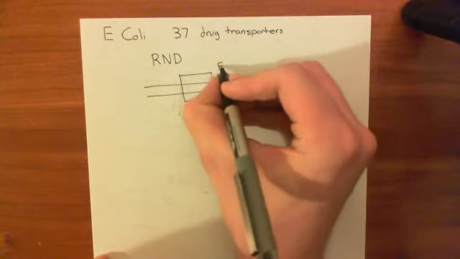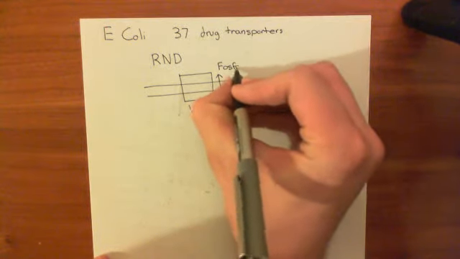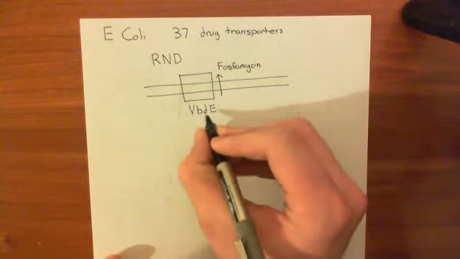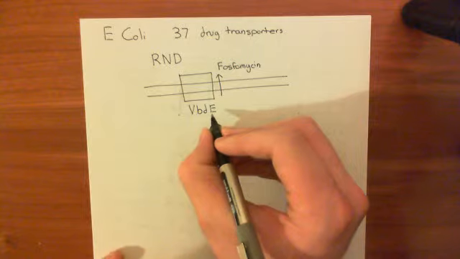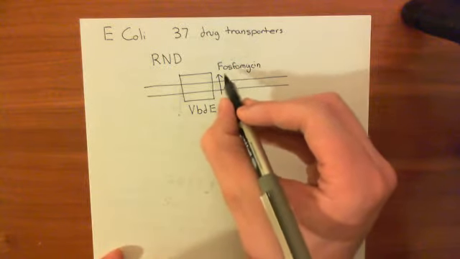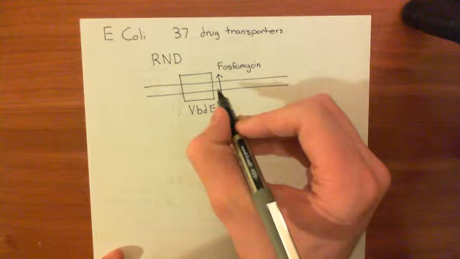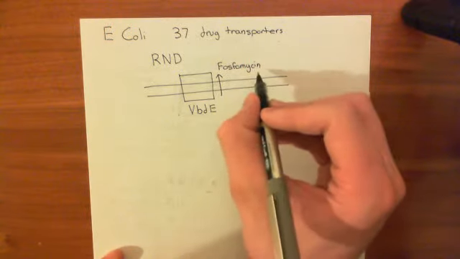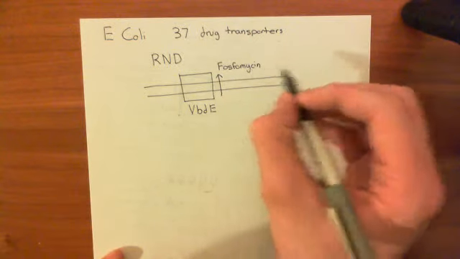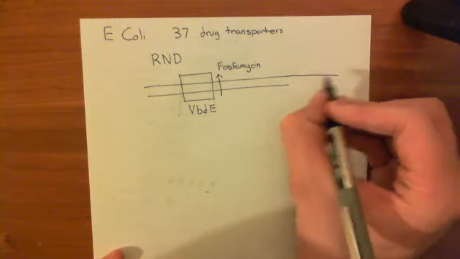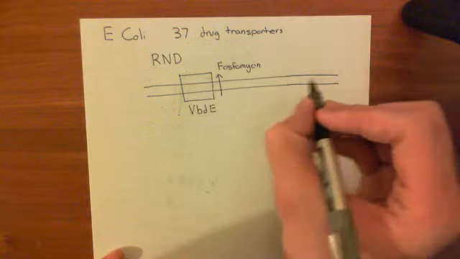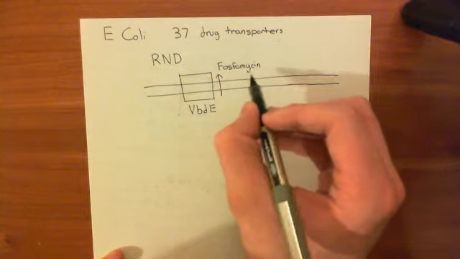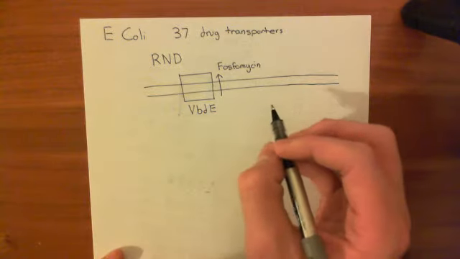So it transports fosfomycin, and pretty much no other drug apart from fosfomycin is acted upon by this transporter. Remember, fosfomycin is this antibiotic that inhibits the pyruvyl transferase enzyme in the cell wall biosynthesis pathway. So it prevents the synthesis of N-acetyl muramic acid, basically, from N-acetyl glucosamine.